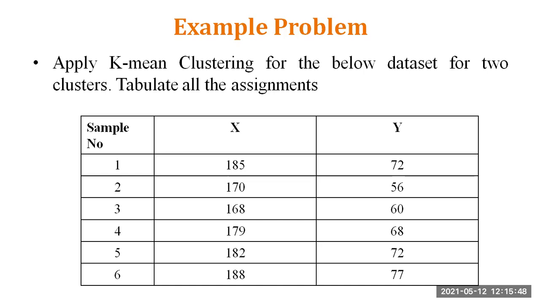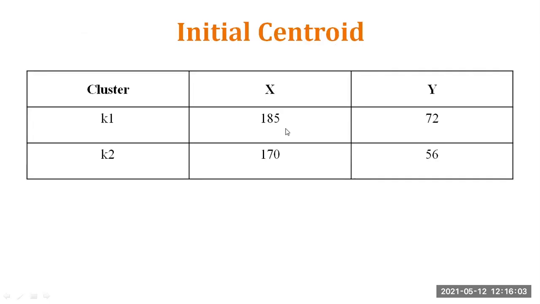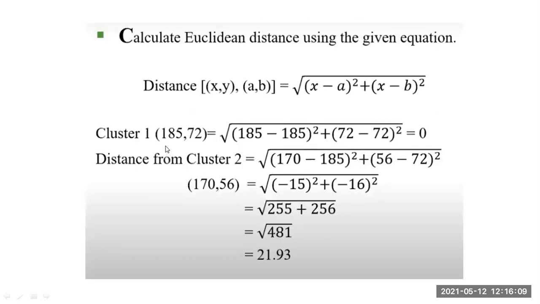Now we'll go ahead with step 3, that is distance calculation. For cluster 1 the point is 185 comma 72, and with this point we need to calculate with the centroid values. Centroid values are 185 comma 72 and 170 comma 56. For cluster 1 you can see the value is equal to 0.